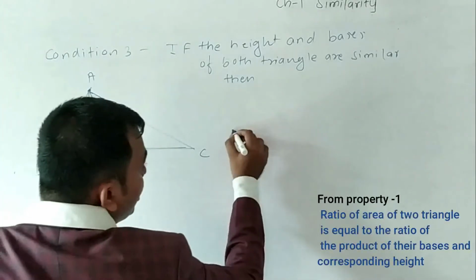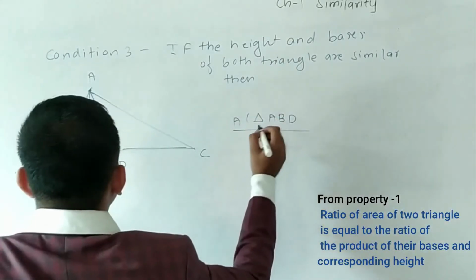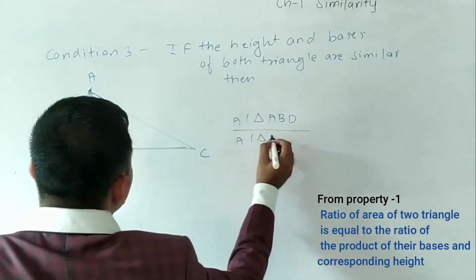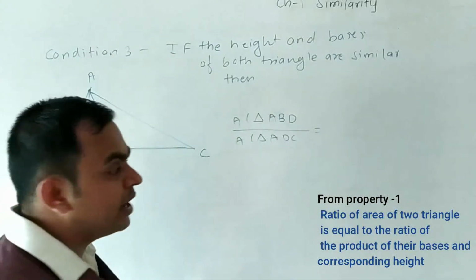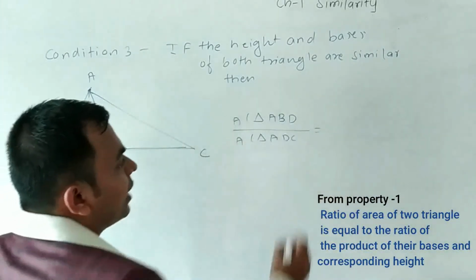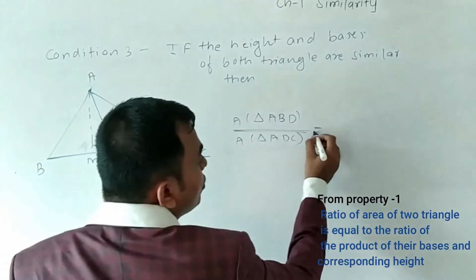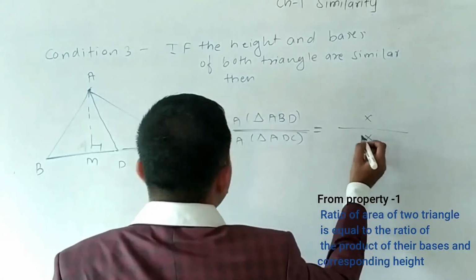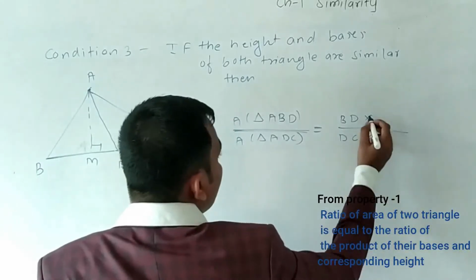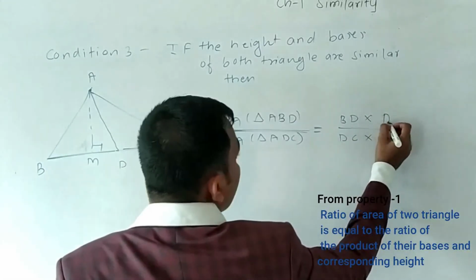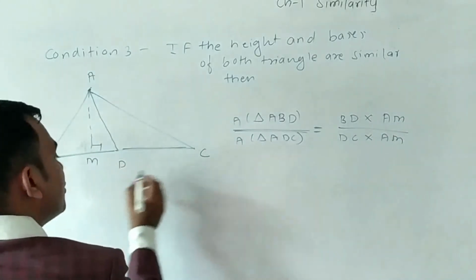So the ratio of the area of triangle ABD and triangle ADC, as per the property of the ratio of areas of two triangles, is equal to the ratio of the product of their bases, BD upon DC, into the corresponding heights, AM upon AM. Here BD is equal to DC.